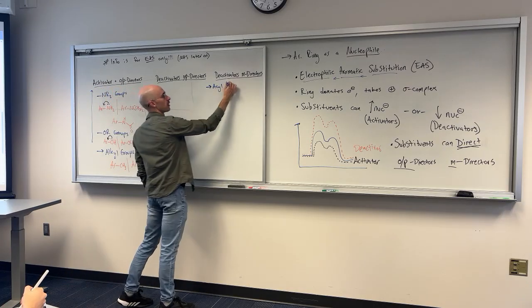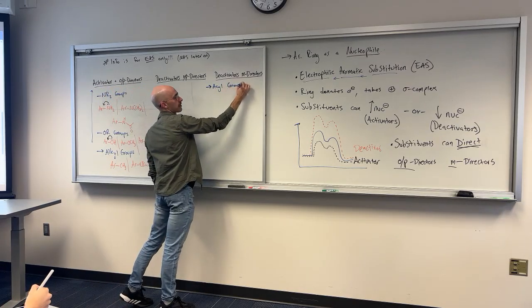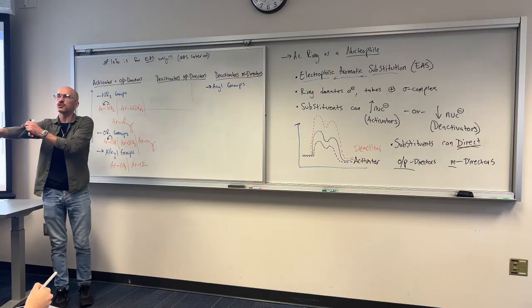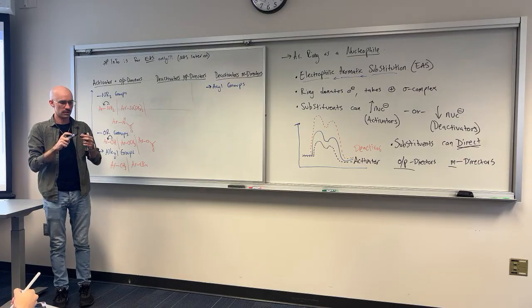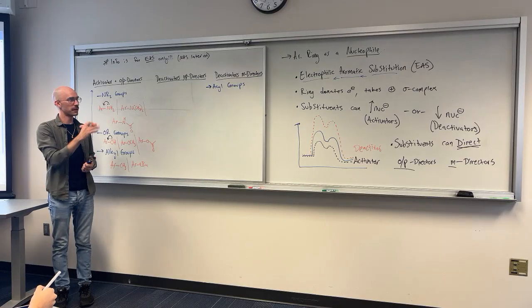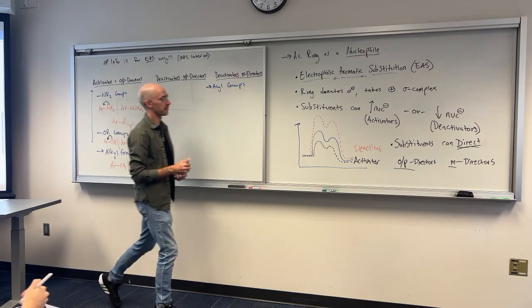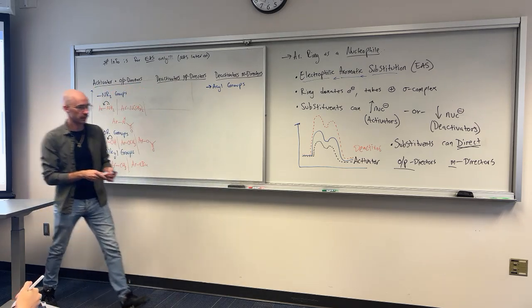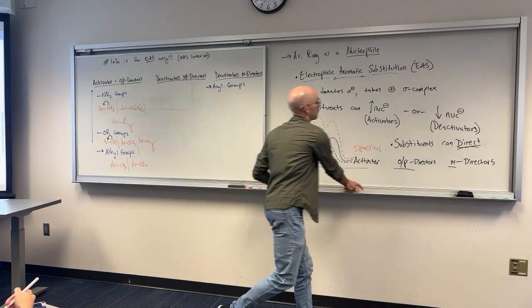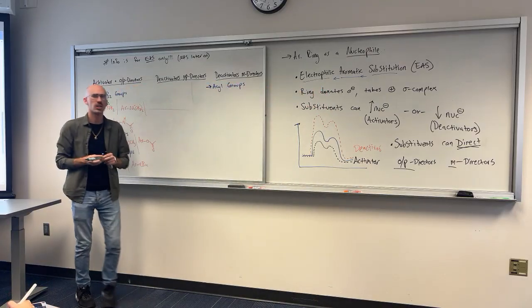Acyl groups are one of our deactivators, not necessarily the strongest deactivator. But I put this up here because they've got the most examples, so I want you to be able to see them well. Where'd my green go? Do you know what acyl is?